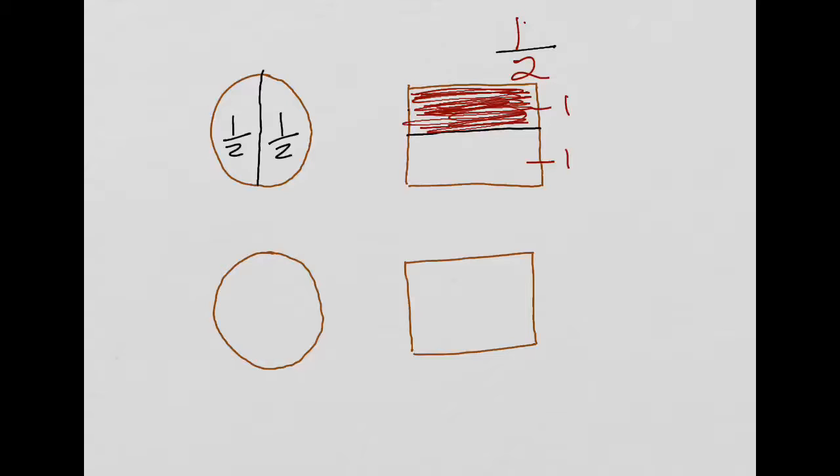See how there's two pieces here? We have one piece here, and this is the second piece here. So there are two pieces that I cut the cake into. So that's what this bottom number is on a fraction.